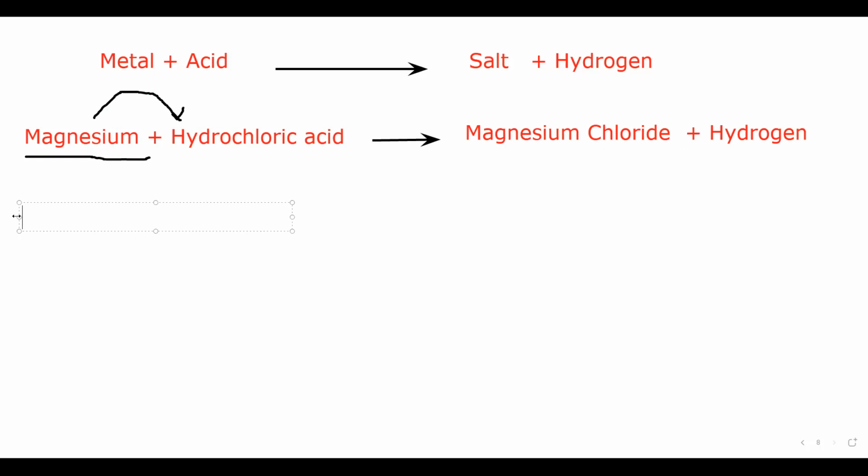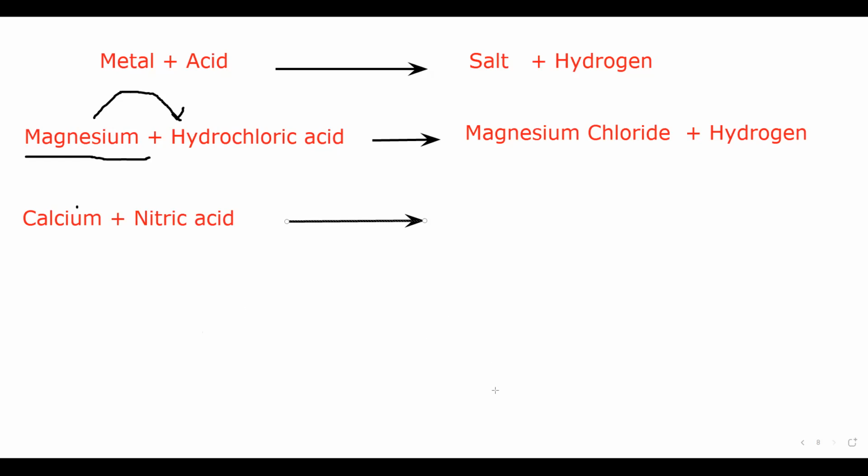If we have calcium plus nitric acid, what will be the product? Nitric acid produces nitrate salt. Hydrochloric acid produces chloride salt.